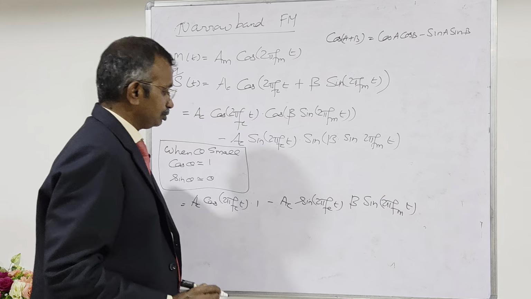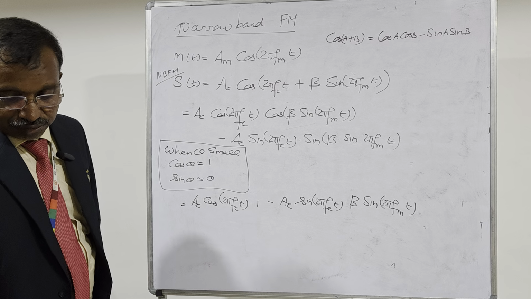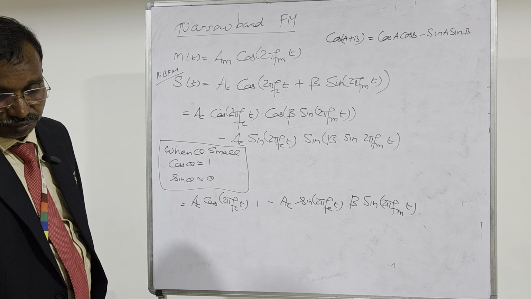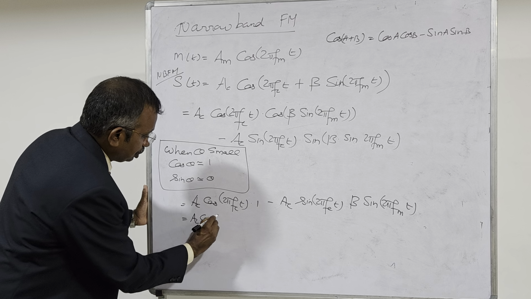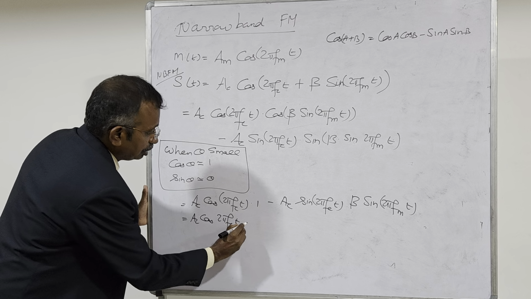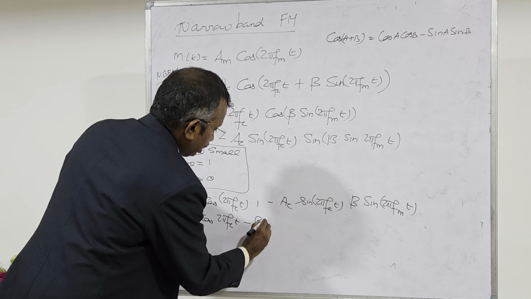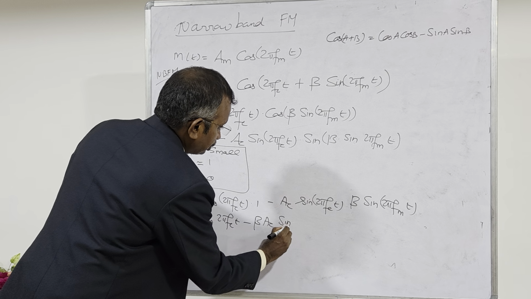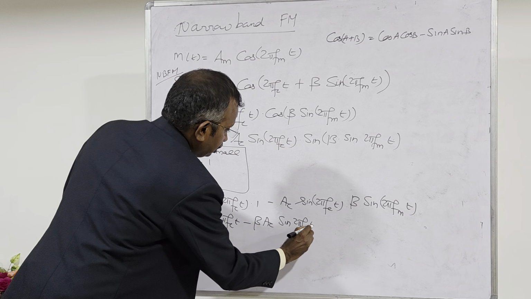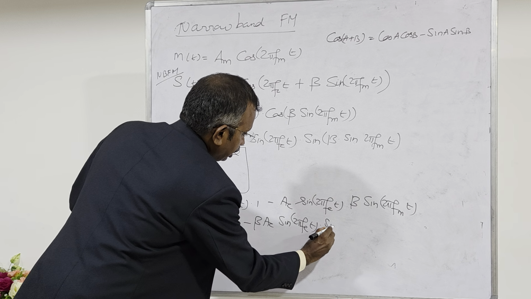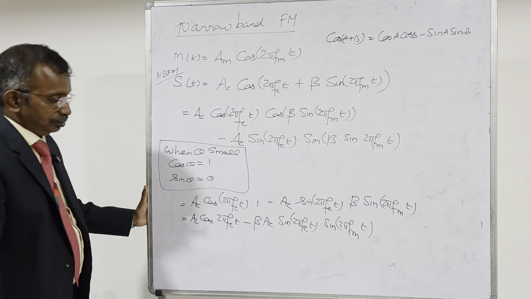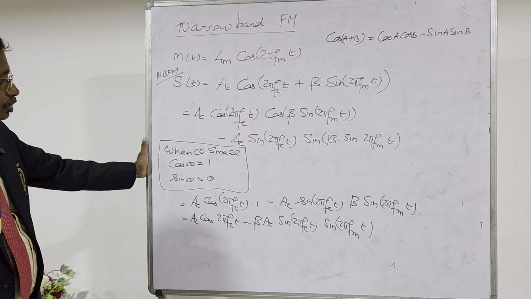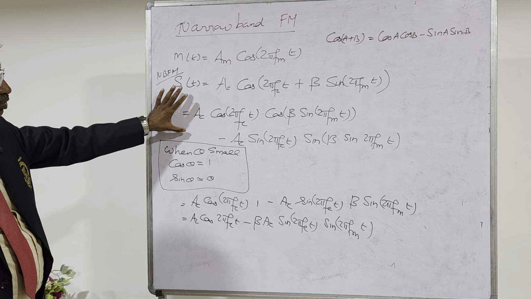Right? So now I can write this as Ac cos 2 pi fc t minus beta Ac sin 2 pi fc t into sin 2 pi fm t. So this is the equation for the FM signal.